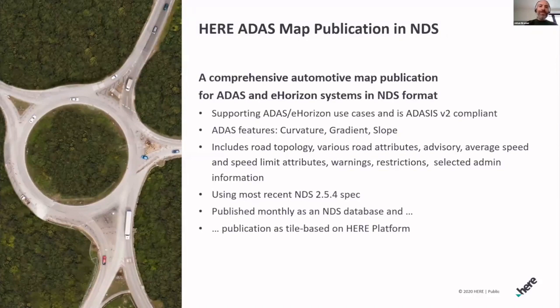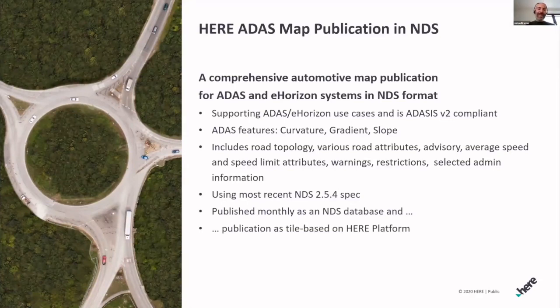standard specified attributes. So this is a standard map product. It's already used by customers, so it's ready to go off the shelf in the car. We publish it monthly, worldwide coverage with a little asterisk for China, Korea, Japan.